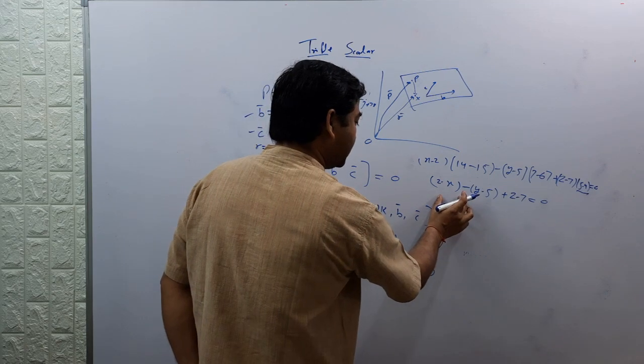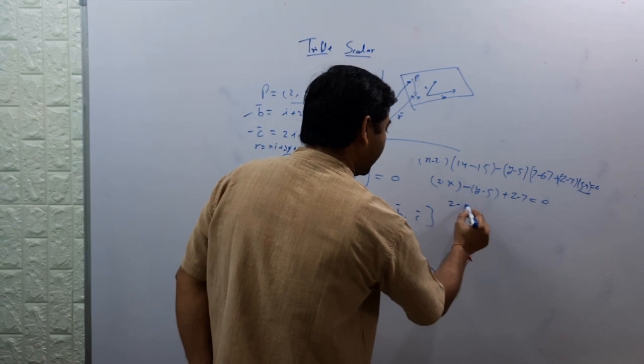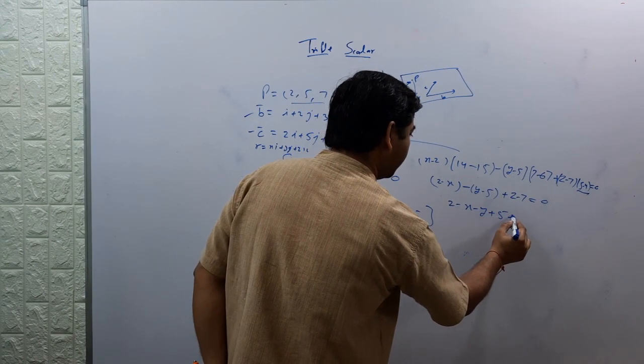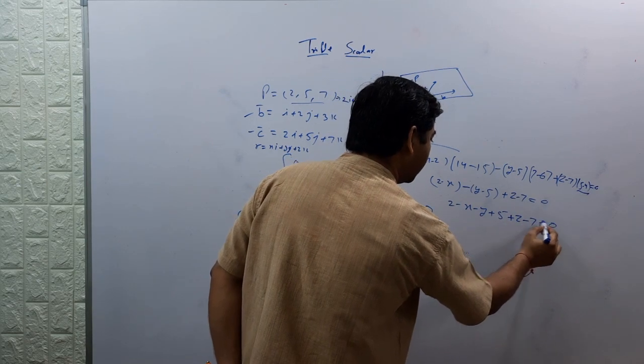So the equation is minus (x minus 2) minus (y minus 5) plus (z minus 7) is equal to 0.